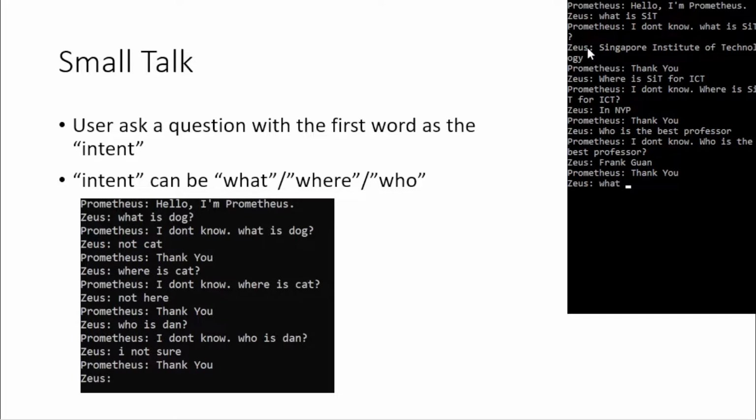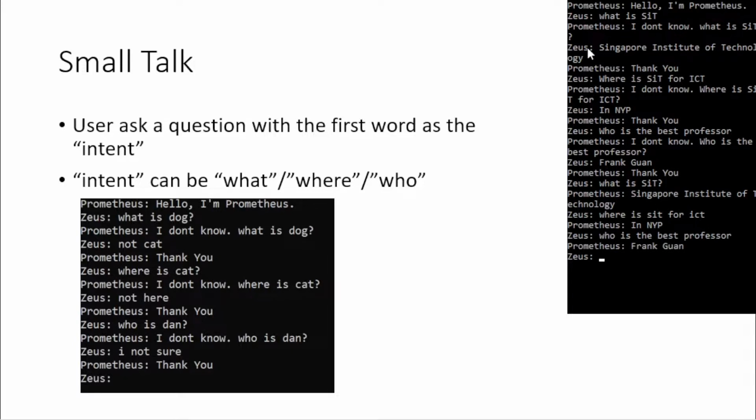We can ask what is SIT, and it replies with the answer of our response. Same for where is SIT for ICT, and it replies with NYP, and who is the best professor, Frank Guan. There we go.